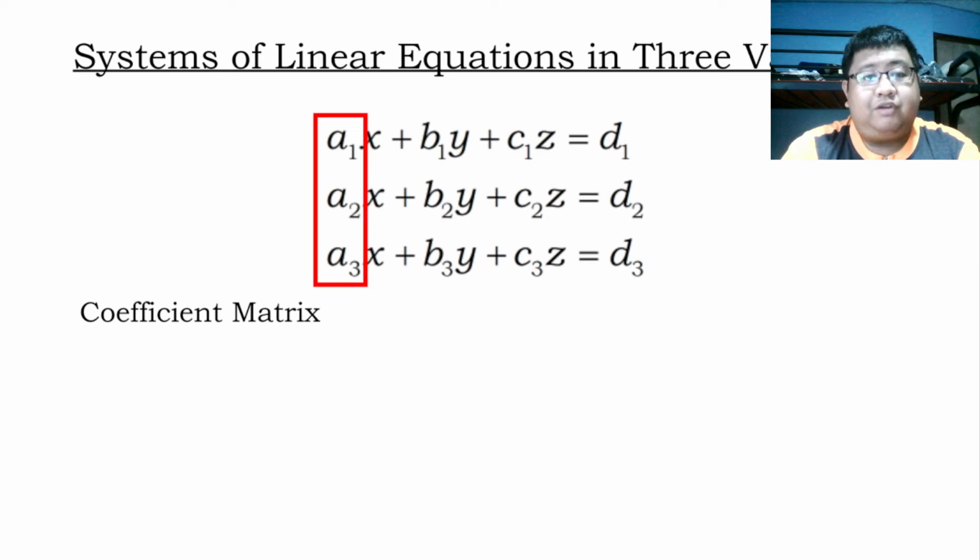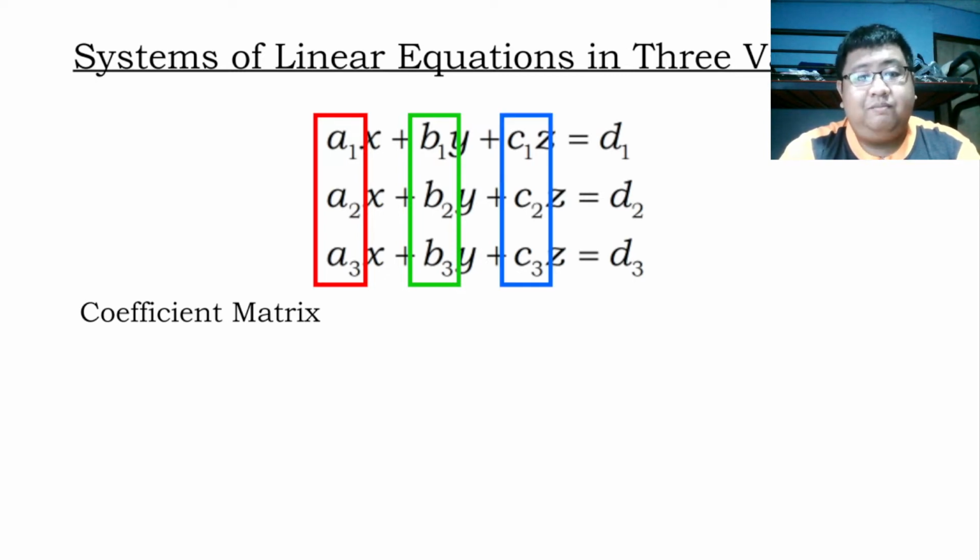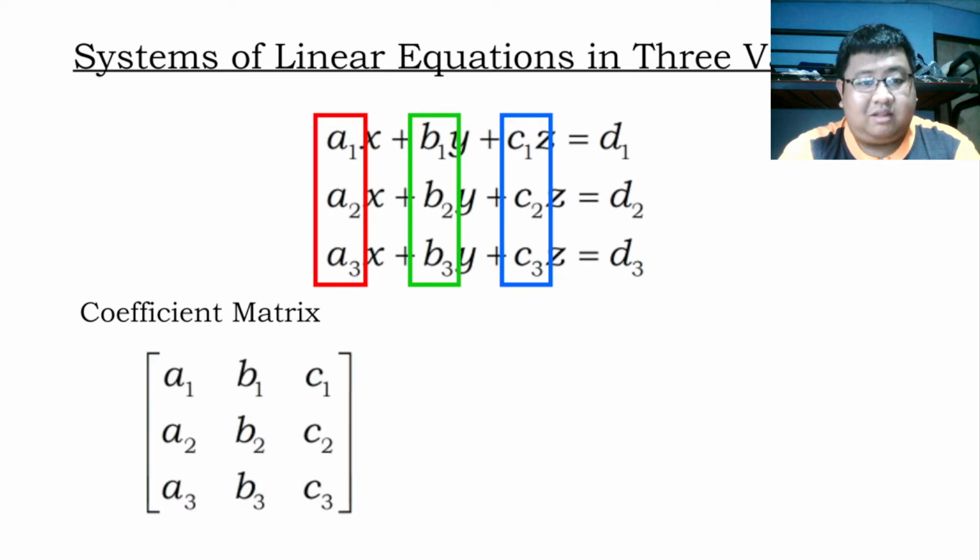That will be your first column of your matrix. b1, b2, and b3, which are the coefficients of y, will be the second column of your matrix. And c1, c2, c3, the coefficients of z, will be the third column of your matrix. So your coefficient matrix would look like this.